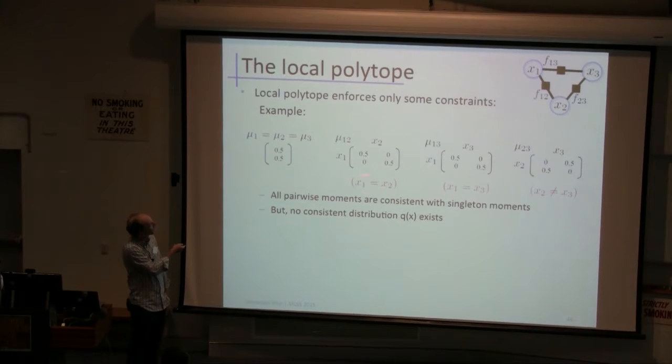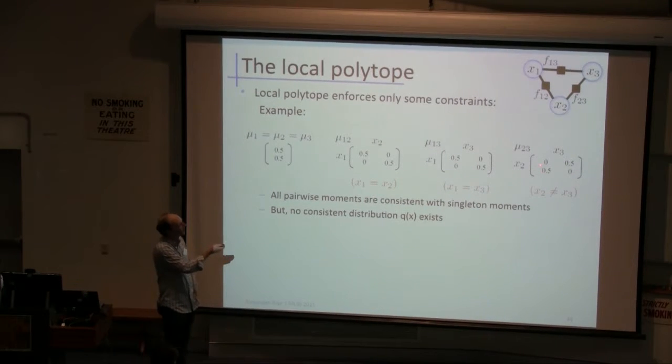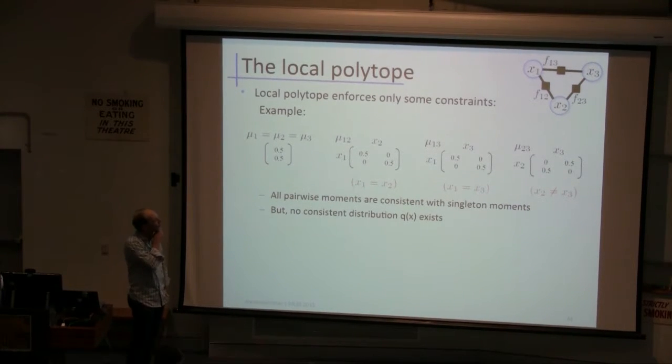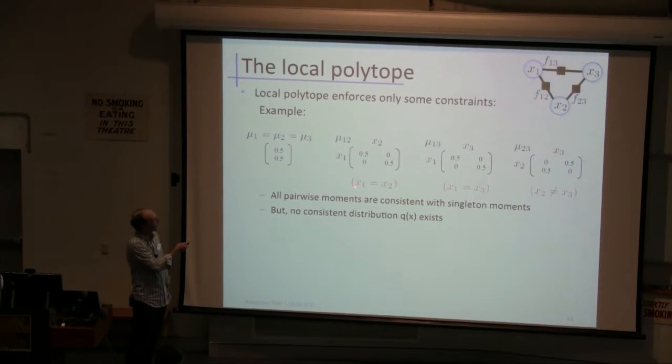And so you can think of this as just a constraint that X1 equals X2. Same thing for X1 and X3. And then for X2 and X3, I'll put them on the off diagonal. So this is enforcing that X2 and X3 will take on different values with probability half of either pair. And so then it's easy to see that there's no consistent configuration that satisfies these constraints, and therefore there's no distribution that satisfies these marginal probabilities. Right, so we can't have X1 equals X2 and X3, but X2 and X3 aren't equal.